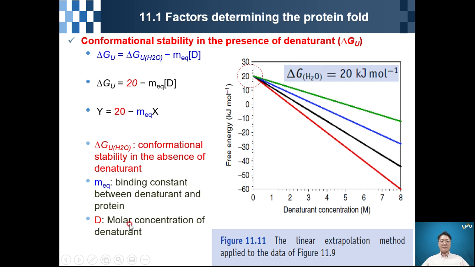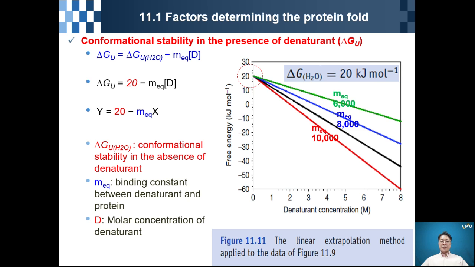So D means the molar concentration of denaturant. The x-axis is the denaturant concentration. So we can change this graph: y is 20 minus MEQ times x. The red curve, the MEQ was 10,000, the blue curve, the MEQ was 8,000, and the green curve, the MEQ was 6,000.